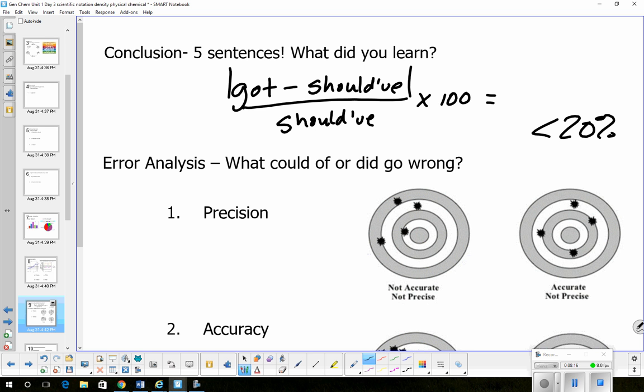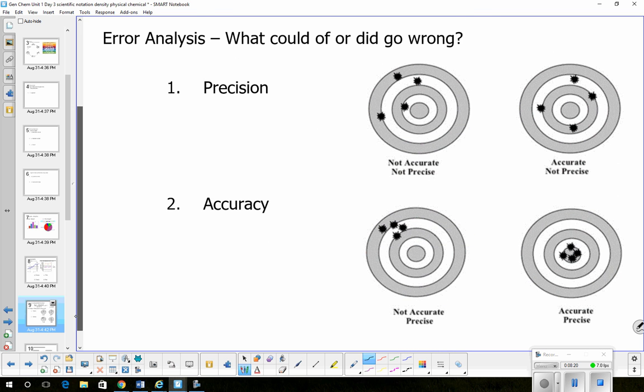Now, some words that we need to know. Precision and accuracy. I think they're in here. I didn't get everything out like I should have. Yep. Heads up.